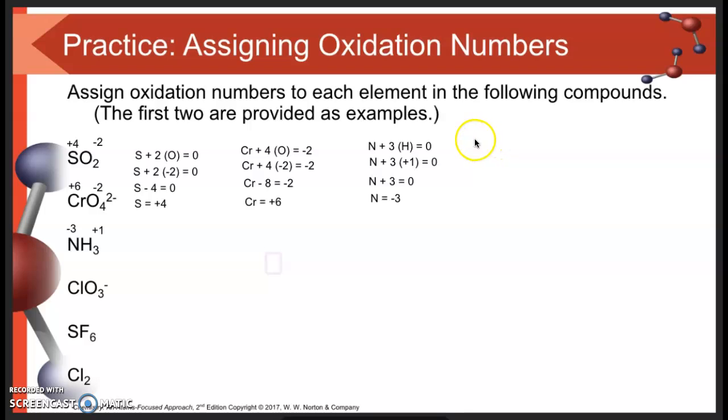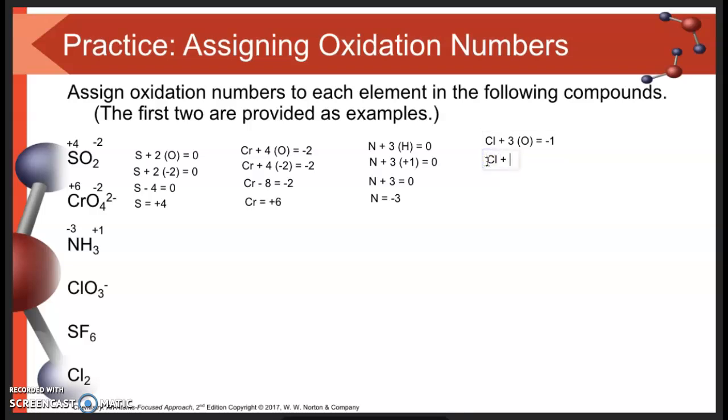Let's do one more example, and then I'll pause for a second and let you try the last two. So for the chlorate ion, ClO3-, chlorine plus 3 oxygens is equal to negative 1.